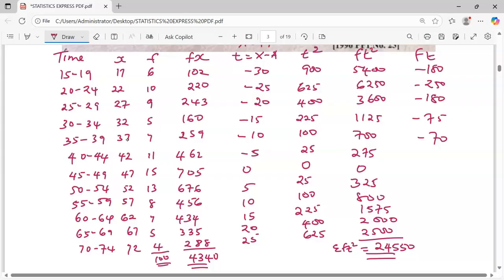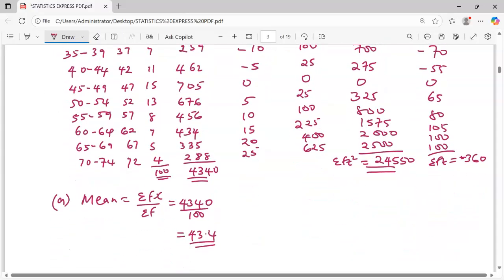Next, we are going to have negative 55. Next, we have 0. Then 65. We are going to have 80, 105, then 100, and lastly 100, and the summation of ft will give us negative 360.